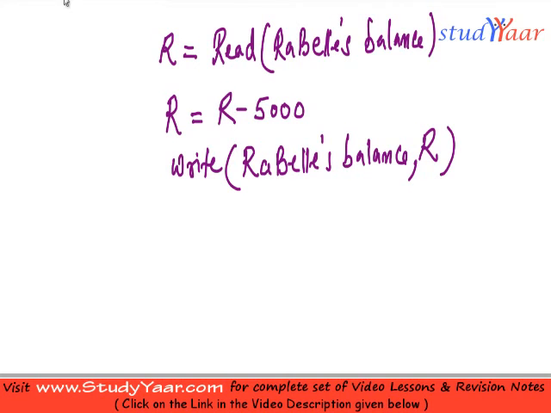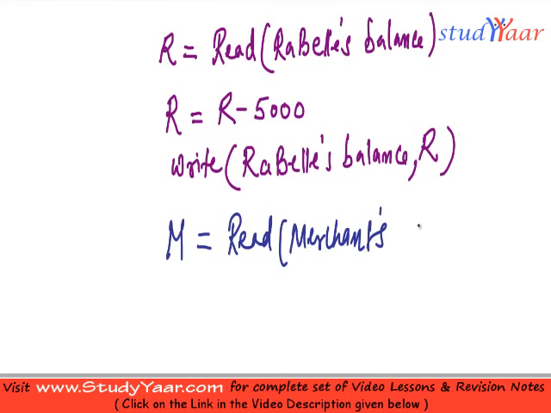Similarly, I would also need to update the merchant's balance. So I would say read merchant's balance. Okay, I'll just write bal. Then I would say increase the merchant balance by 5,000.